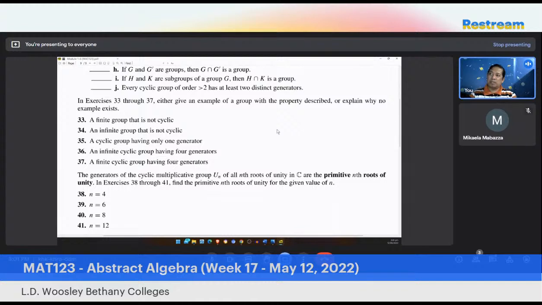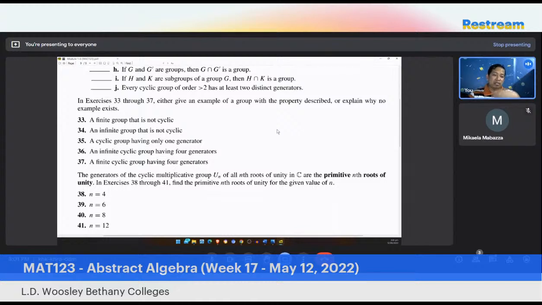Just an example for 34: a finite and infinite group that is not cyclic, which in itself is not a generator of the identity element. Of course, the answer is the real numbers under addition operation.